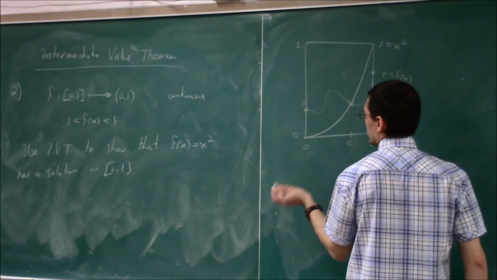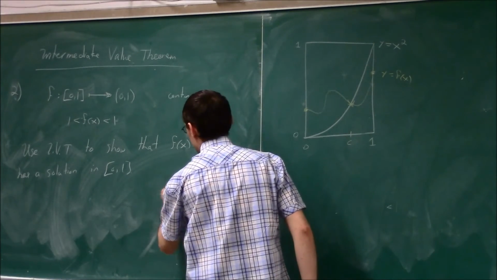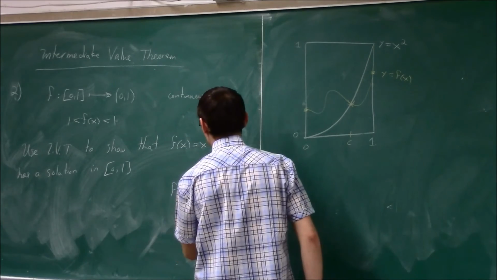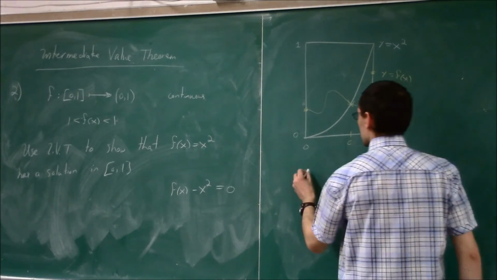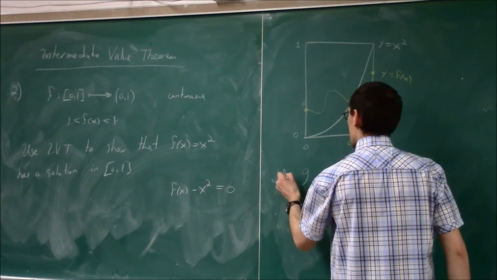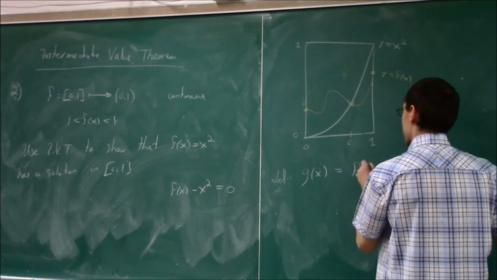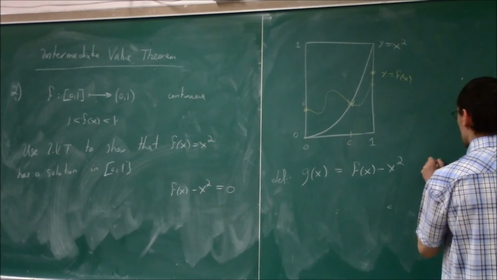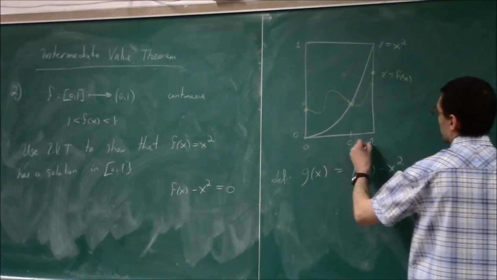Again, how do we proceed to use the intermediate value theorem? This equation is the same as the equation f of x minus x squared equals 0. So we can compare this to 0. So we define the function g of x to be f of x minus x squared. And this function is continuous on the interval from 0 to 1.